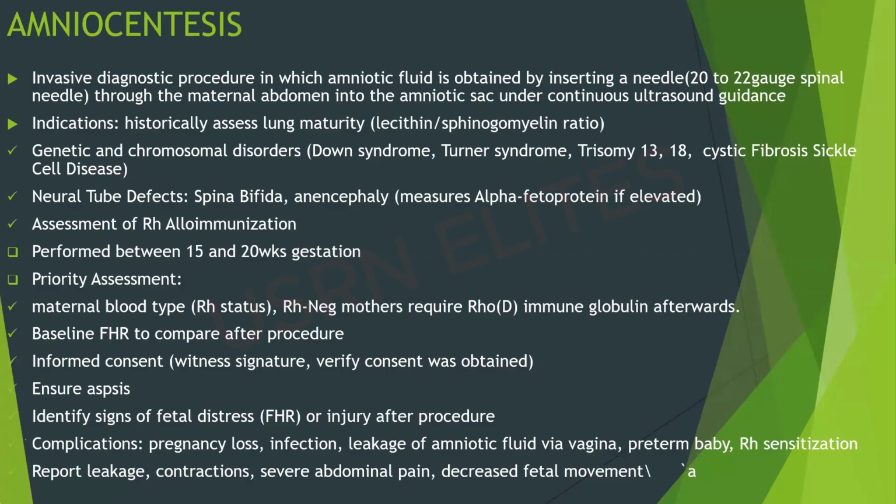And by that time, you've not taken the Rogam. Your first dose is given at 28 weeks. So, as Boss Frank was saying, if you are a Rhesus negative mother who is supposed to be given Rogam, and you are going to undergo this procedure, I think it should be given just to prevent any complications.